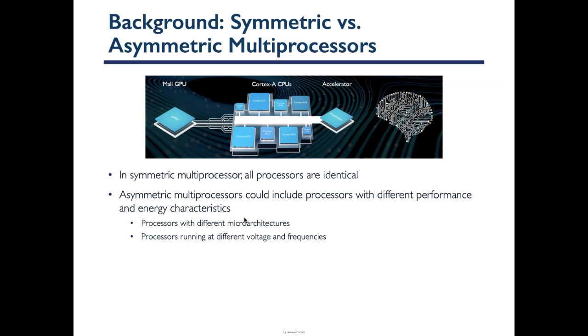But that's not always the case. If you look at your cell phone, for instance, or your tablet, you might have a multiprocessor there that has different cores in it, different processors. So this is called asymmetric multiprocessor, which would put different kinds of processors on the same chip.